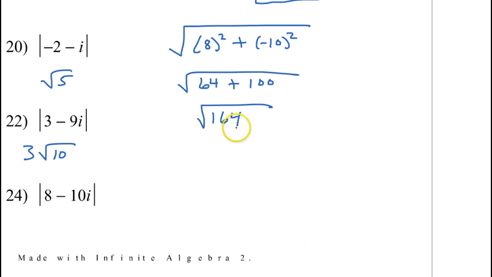Because this ends in 4, I know that this is divisible by 4. So it turns out that 164 divided by 4 is 41. So this is the same thing as 4 times 41. So this is going to be 2 radical 41. So that'll be the final answer for number 24.